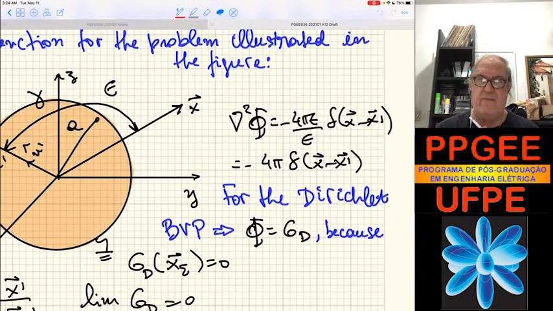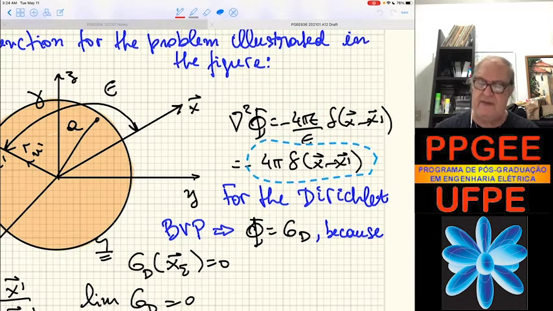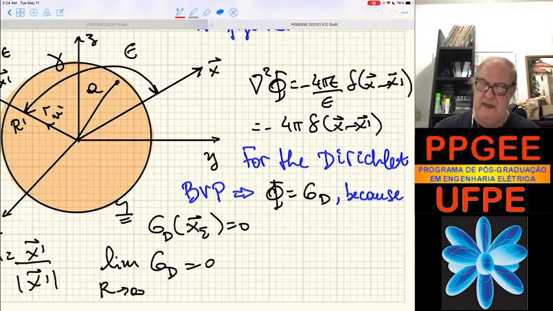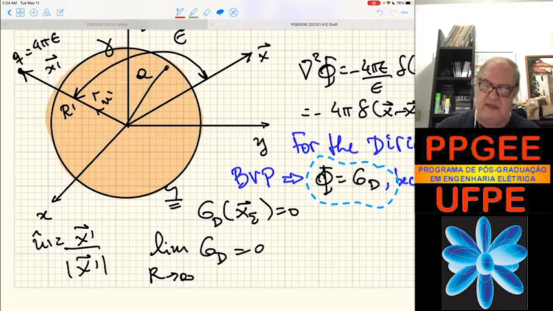When you have a 4 pi epsilon charge, the Laplacian of the solution is the charge over epsilon times the delta function, which is minus 4 pi delta. That's the Green function, the solution to this problem. For Dirichlet, that's GD, and GD on the surface of the sphere is 0, and GD at r going to infinity is also 0.